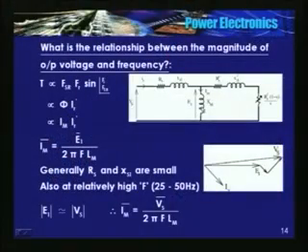So I am shifting this branch to the input, and I am saying that V1 is approximately equal to Vs, and this assumption is valid only at relatively high frequency. Why? I will tell you sometime later.